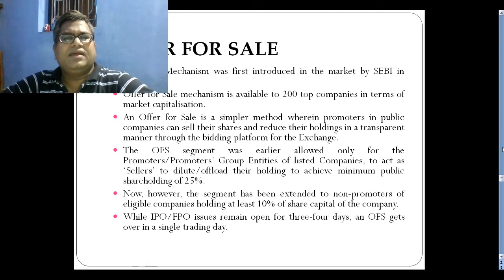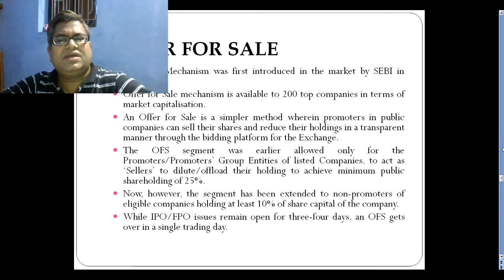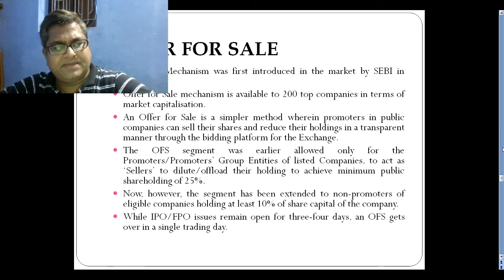Offer for sale means the promoter in a public company can sell shares and reduce their holdings. Promoters, or a group of entities, can lower their shareholdings and sell within 3-4 days. While an IPO remains open for 3-4 days, an offer for sale gets over in a single trading day. After the 3-4 days of the IPO and FPO are open, an OFS, offer for sale, can be made.